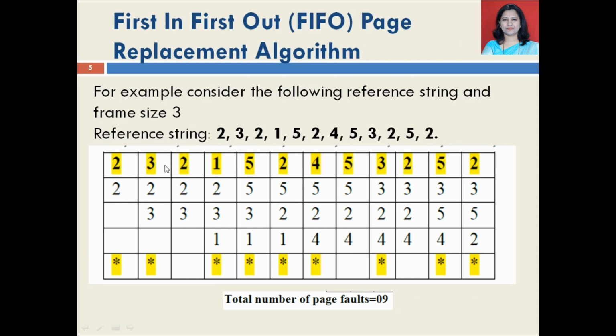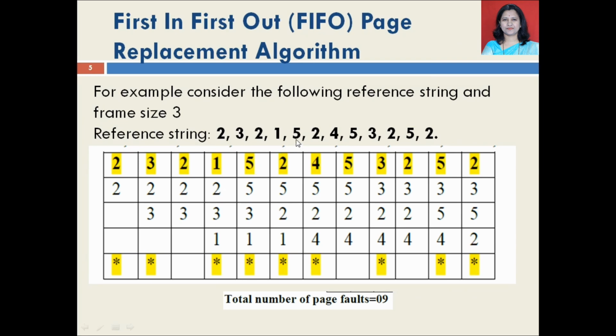Next is the 3, okay. After the 2, 3 will get placed. Now again next 2 is there, but 2 is already there, okay. So here page fault will not occur, okay. Now next is 1. 1 will be placed at the last position in the frame. So now it will become 2, 3, 1, okay.